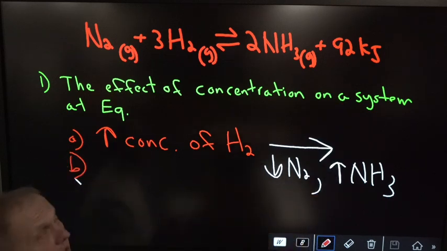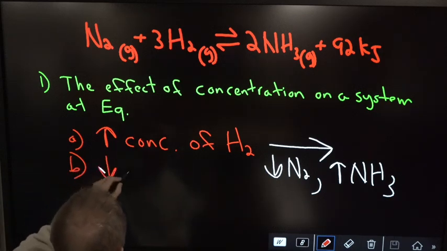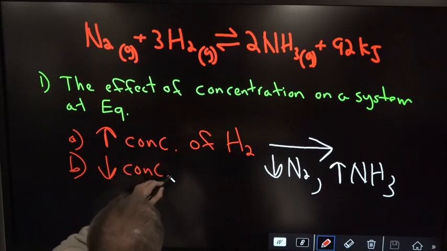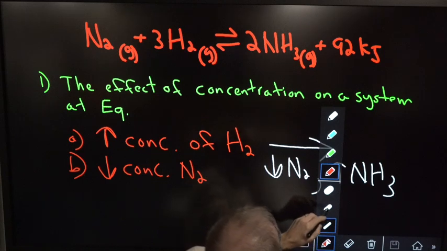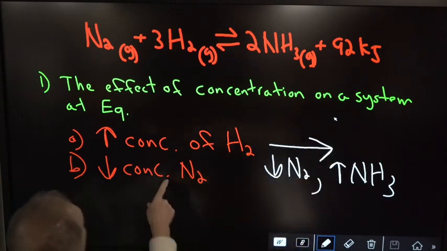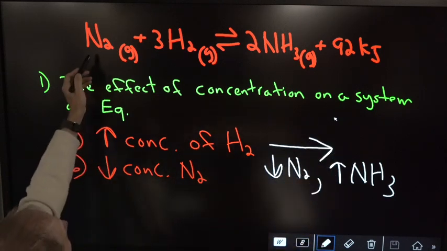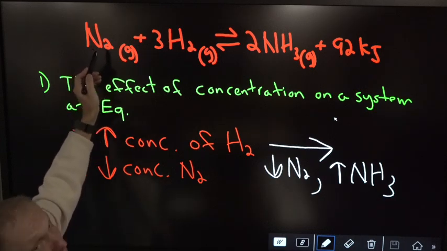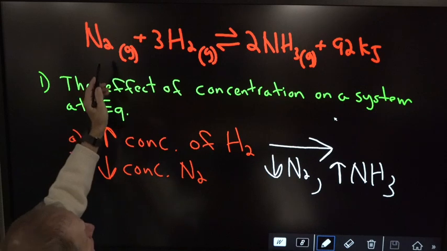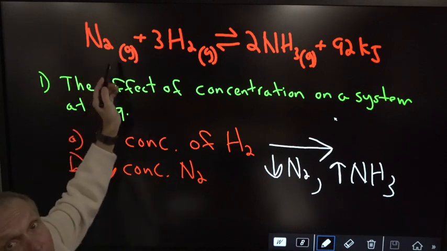For letter B, we're going to decrease the concentration of N2. So if I decrease the concentration of N2, let's say I cut this in half, what will happen is this reaction will try to fill the void.